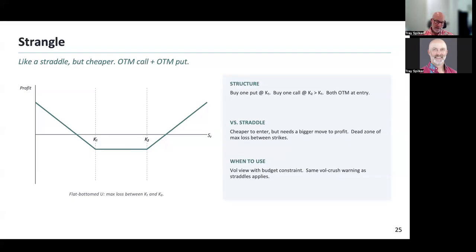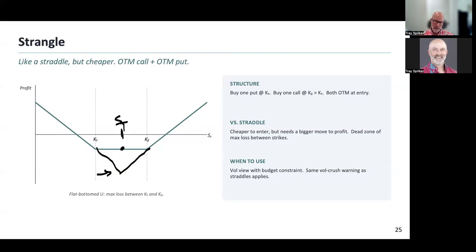So instead of a volatility crash here, we end up in a situation where if volatility doesn't do anything, the share price stays right here at maturity, then instead of having max loss down here in the straddle, our max loss is quite a bit higher, right?